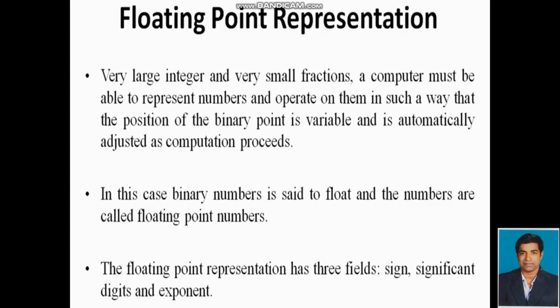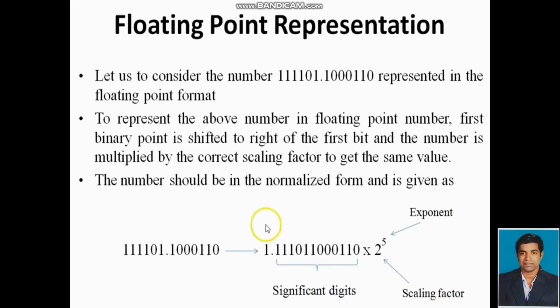The floating point representation has three fields: sign, significant digits, and exponent. Let us consider the number 111101.1000110 represented in the floating point format.